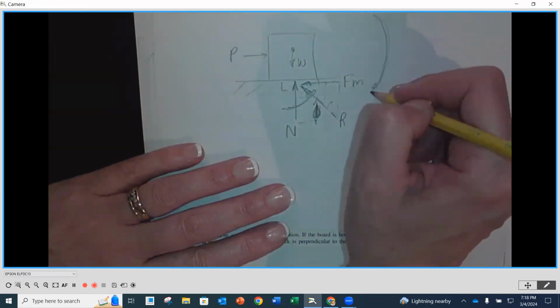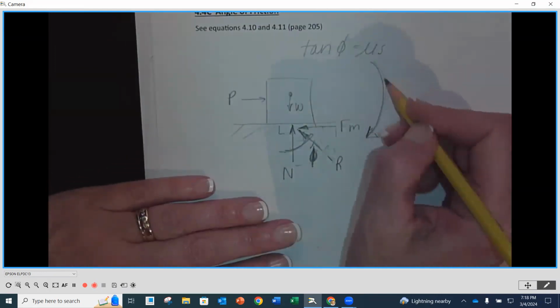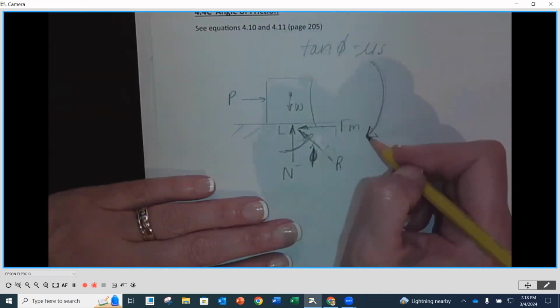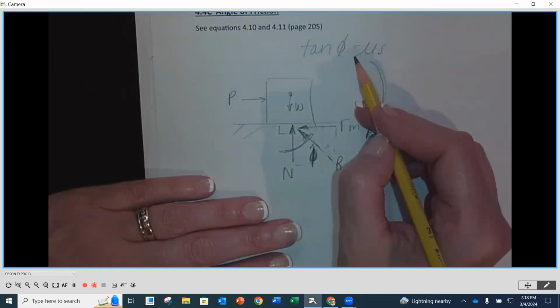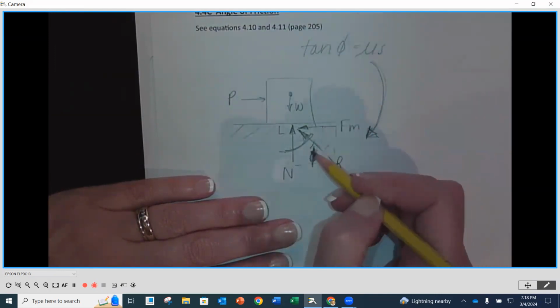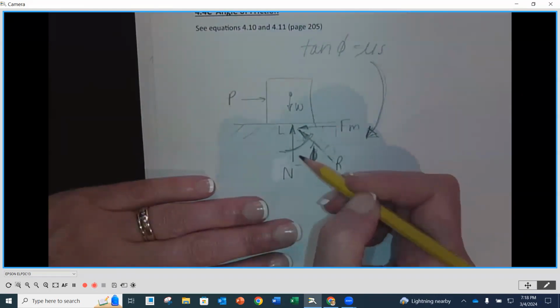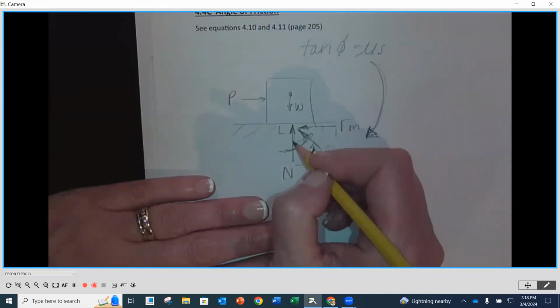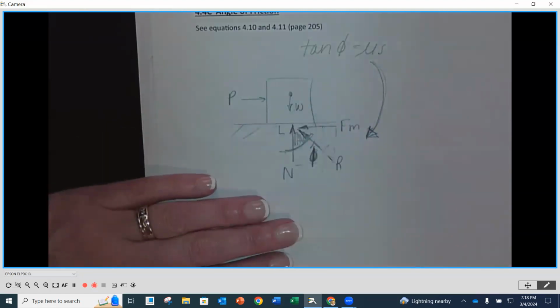So if you wanted to calculate what your coefficient of friction is, go down here. It's going to be the numeric value of the tangent of the angle that is going to be the side opposite, which is the friction force divided by the normal force. So it's this angle right here. I'm so sorry. It's the smaller over the larger, smaller over the larger.